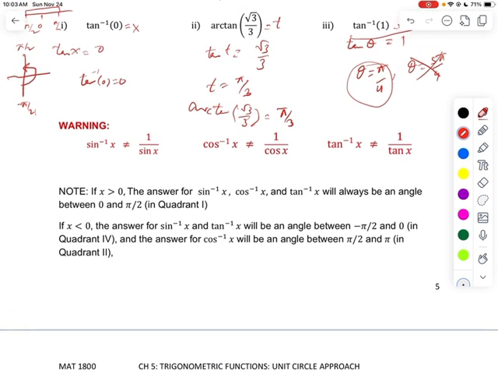Okay, next is tangent inverse of 1. Which means again, this time I am going to set it equal to theta, just for a change. Then we can say tangent of theta equals 1. So which angle has its tangent equal to 1?